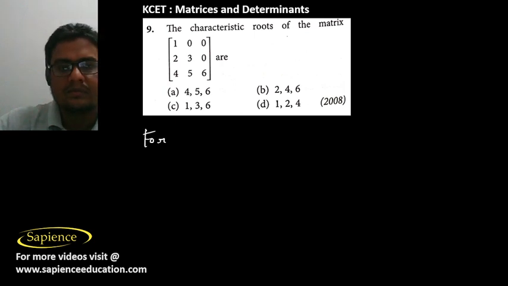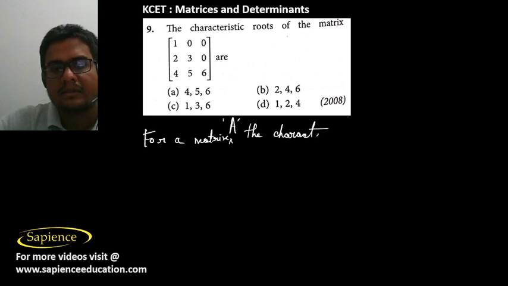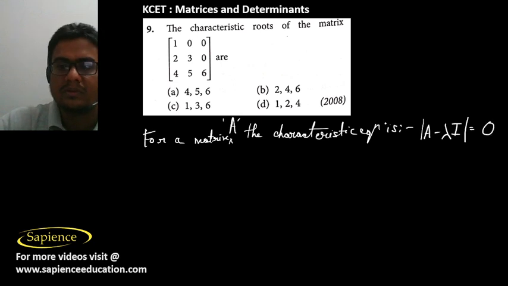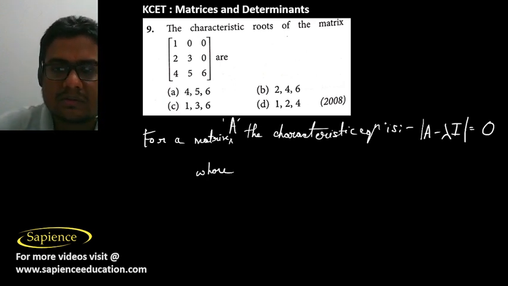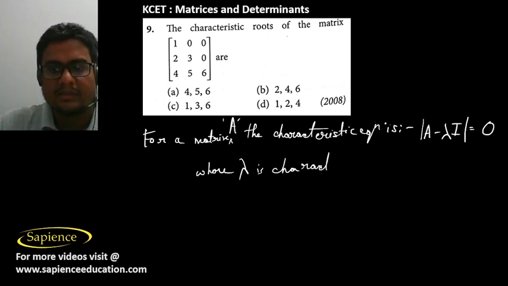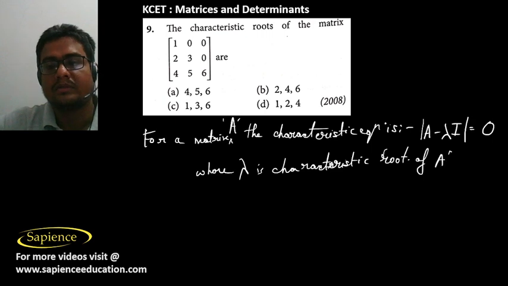So we know the rule that for a matrix A, the characteristic equation is given as the determinant of A minus lambda I equals 0, where I is the identity matrix of the same order as that of A, and lambda is called the characteristic root of the matrix A.